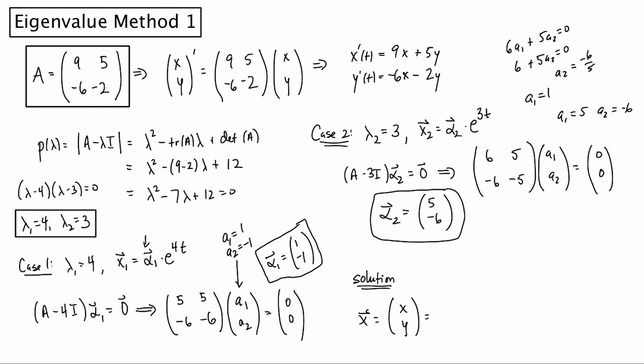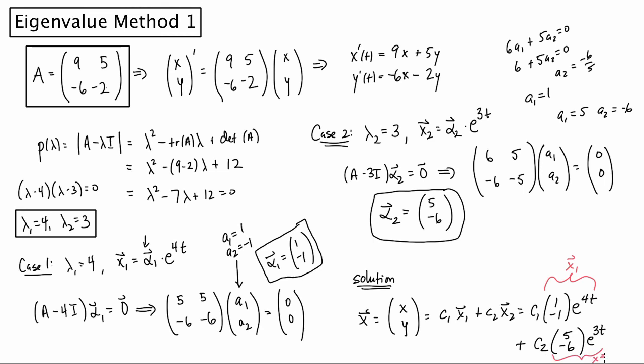And those components are equal to c1 x1 plus c2 x2, which is c1, here we have alpha 1 is 1, negative 1, times e to the 4t, plus c2, alpha 2 is 5, negative 6, e to the 3t. And so this is my x1, and this is my x2, and together they form a fundamental set of solutions.